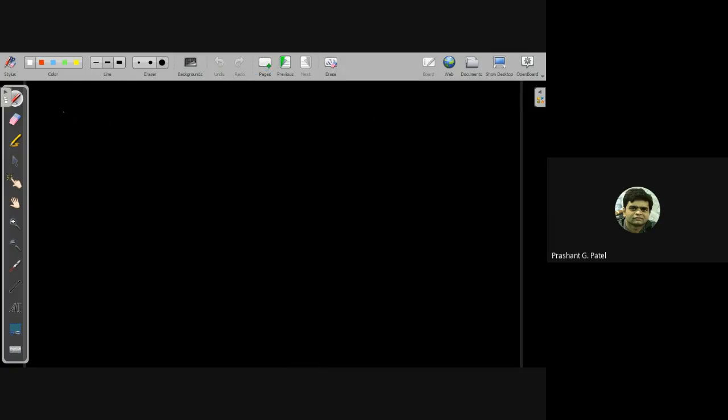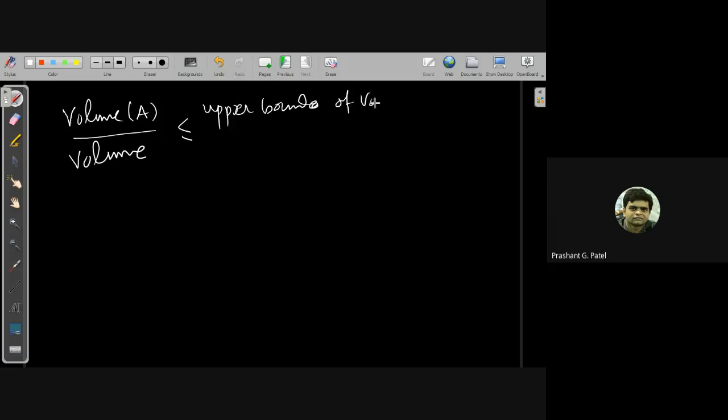Ultimately, we need to find the ratio, that is volume of a upon volume of h. That I can write as less than or equal to the upper bound of volume of a upon the lower bound of volume of h.